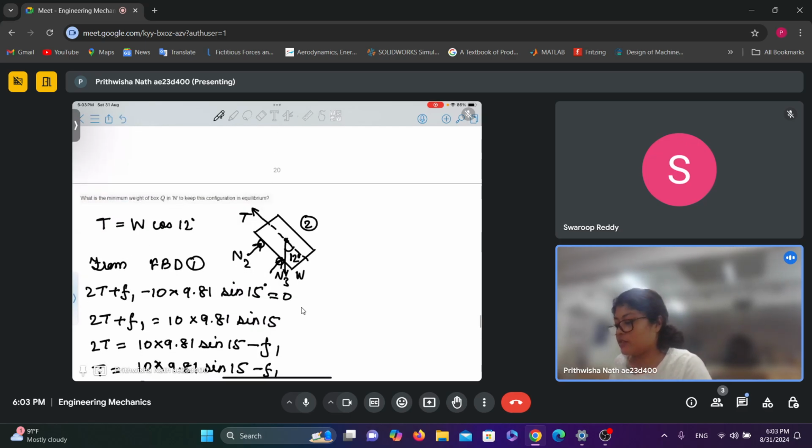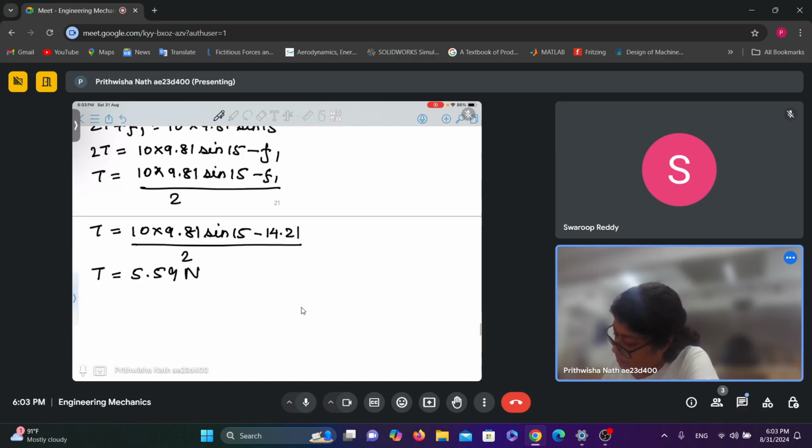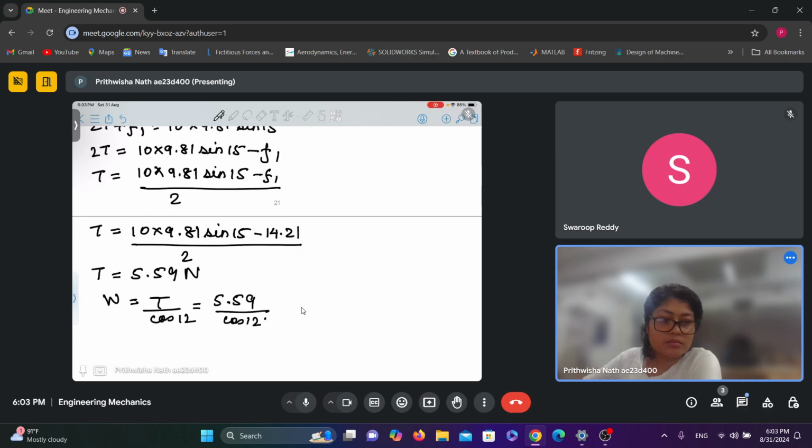But we need to find the weight. So weight is T by cos 12, right, from this equation. So W is T by cos of 12. So that is 5.59 divided by cos 12 degree. This is 5.71 Newton.